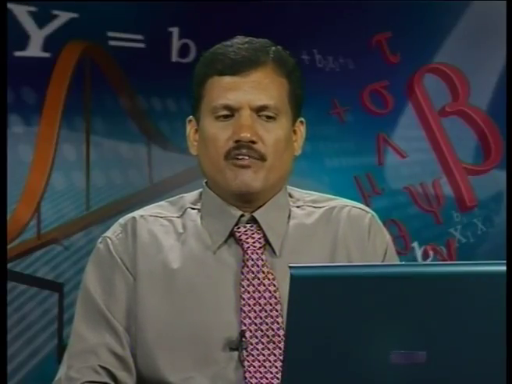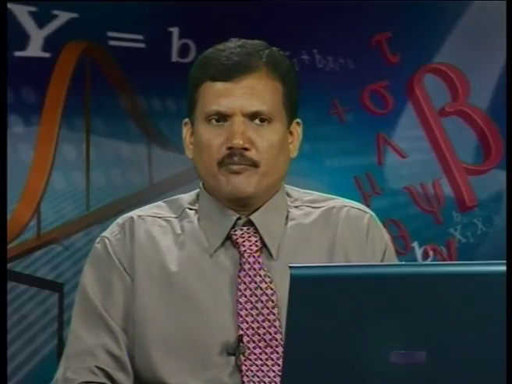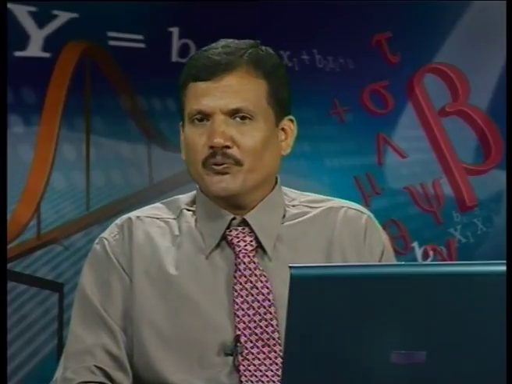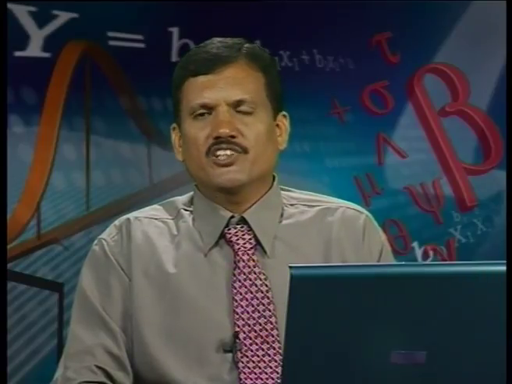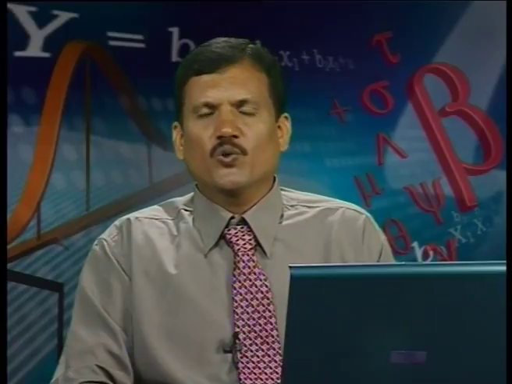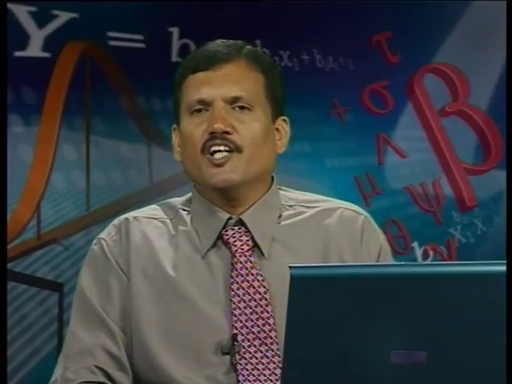After collection of the data, we have to estimate the parameters in the econometric model. They are B0, that is the constant. Then B1 is the coefficient of the independent variable. These parameters we have to estimate in the econometric model.